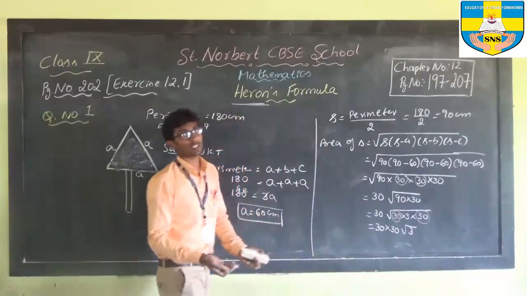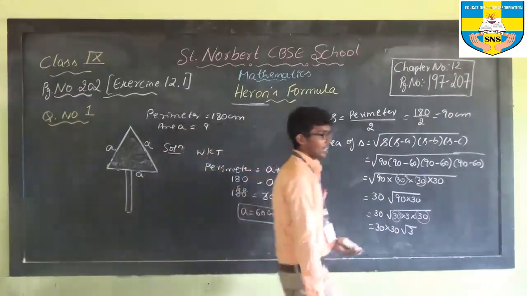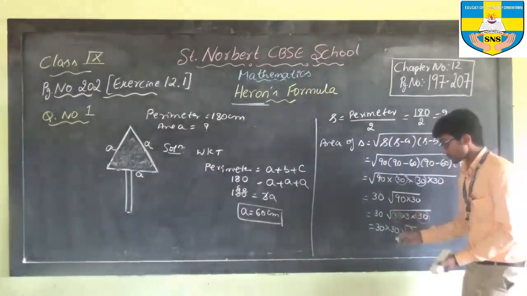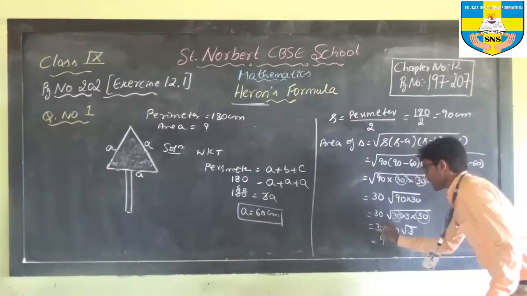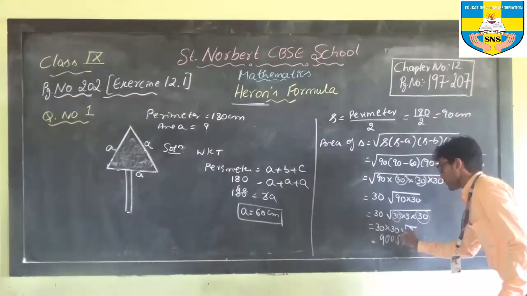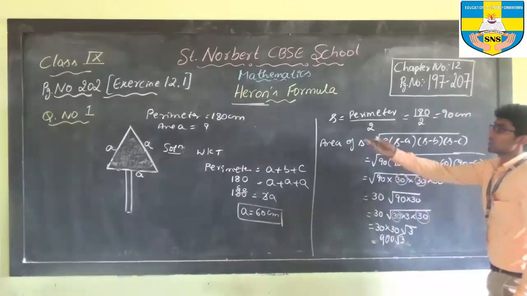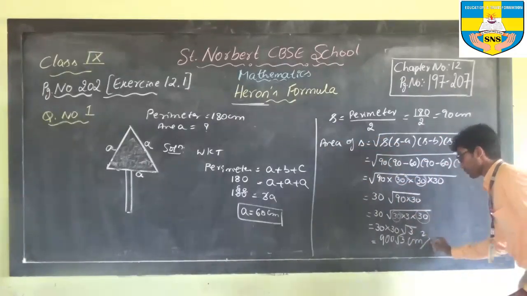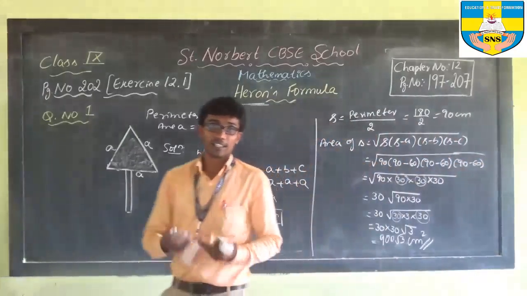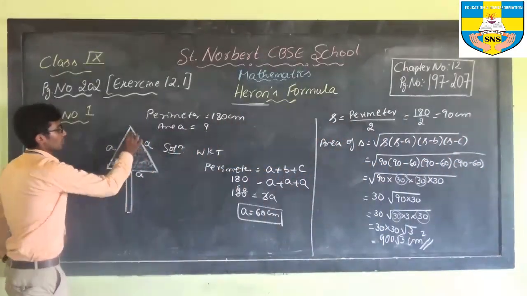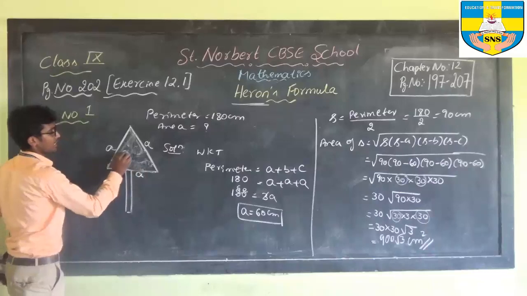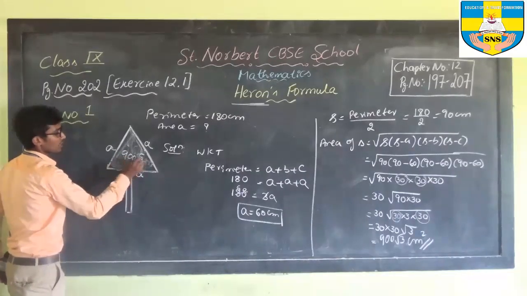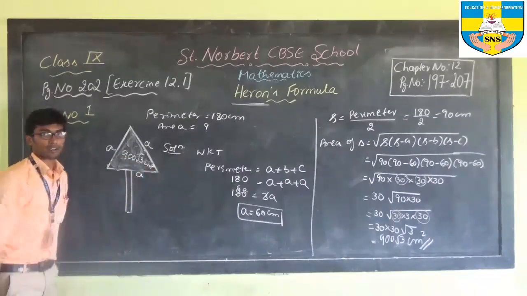Now what is 30 into 30? You studied this in your last year in the 9th standard. This is 900, and root 3. So if it is centimeter, you can finally write centimeter square. The area of the signal board is 900 root 3 centimeter square.